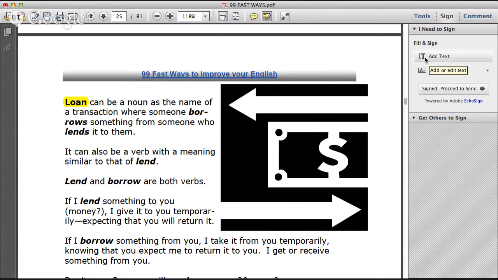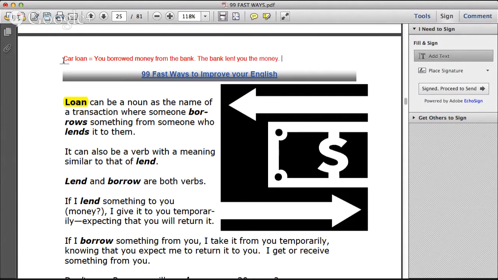So if I were to write this out, if I were to say car loan: you borrowed money from the bank. On the other hand, the bank lent you the money.